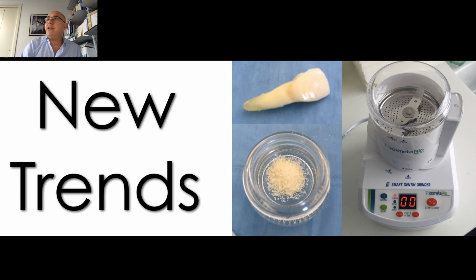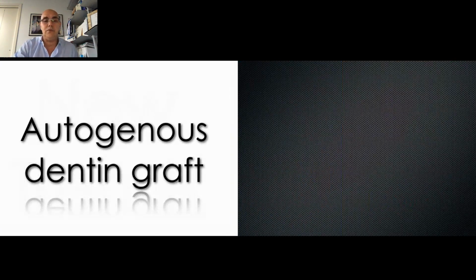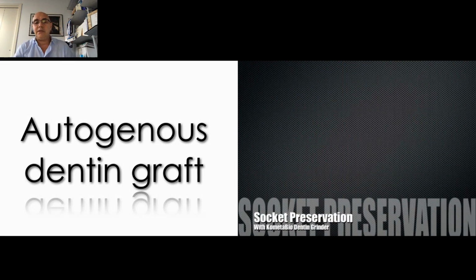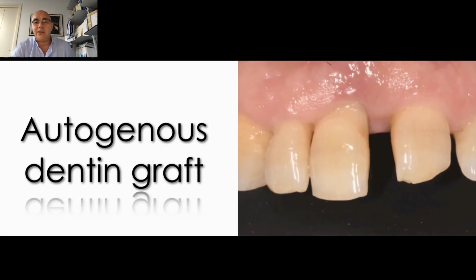Whenever you have a periodontally involved patient, so you have basically bone loss, but you have teeth that are perfectly healthy, because when you have advanced periodontal disease, the bone is lost, but the teeth are perfectly healthy. You can just clean them very, very well, debride them, and just grind them and use them as a graft, especially when we have big cases to do. Let's watch a video, the way the Cometa Bio dentin grinder works.